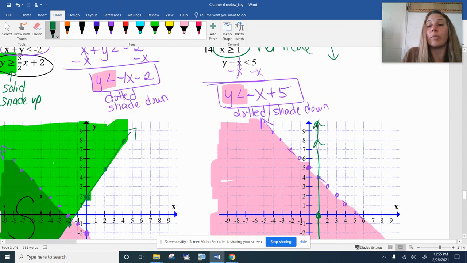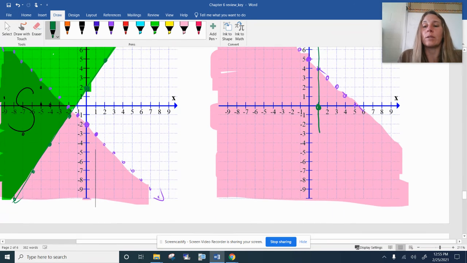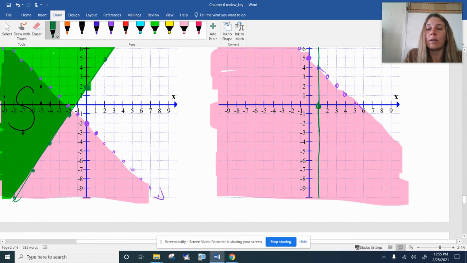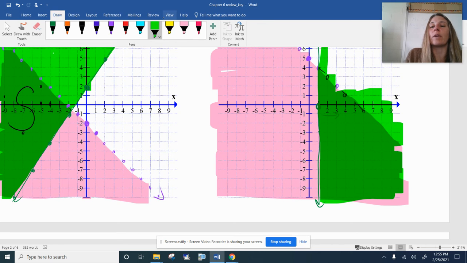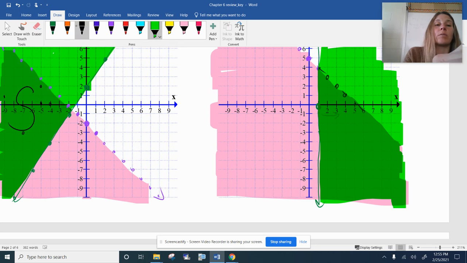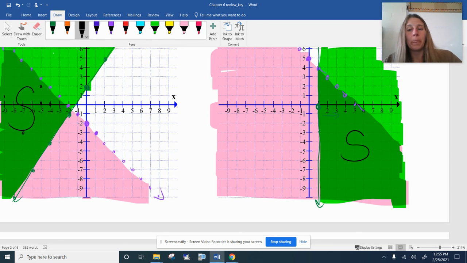So instead of going up and down for shading, it's left and right. So where are the x's greater than this line? Over here. So we're going to shade to the right. So that's the only time you think right and left is when you have an x equation. If you have a y equals type equation, then you're always going to be thinking up and down. And this is more the solution.